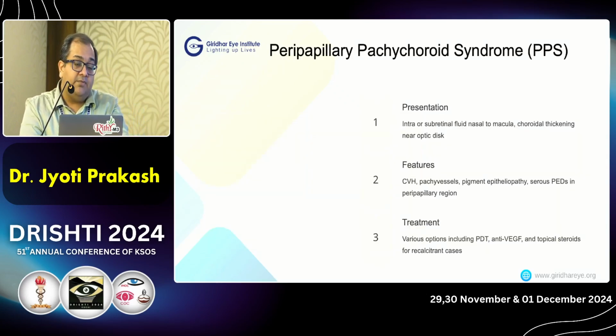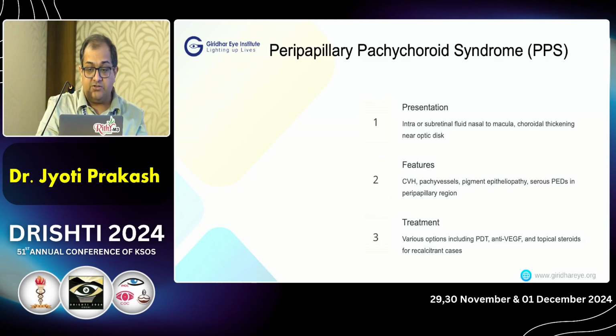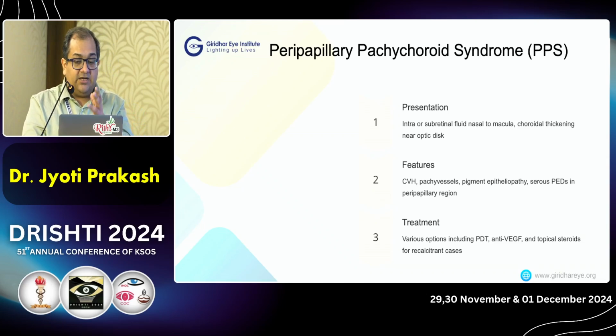Another characteristic feature, the fourth element seen here, is peripapillary pachychoroid syndrome. It's called the PPS. It has typically been defined as a presentation seen in the contralateral eyes of patients with CSCR, and generally it is seen nasal to the macula with choroidal thickening near the optic disc.